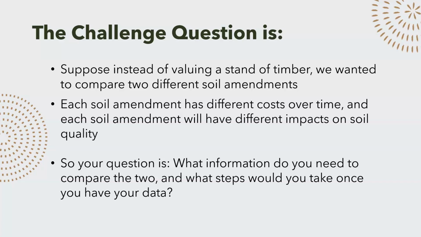So one of these options might produce better soil in the end, but it might have different costs, right? So here's your challenge question. What information do you need to compare those two options? And then what steps do you take once you have your data?